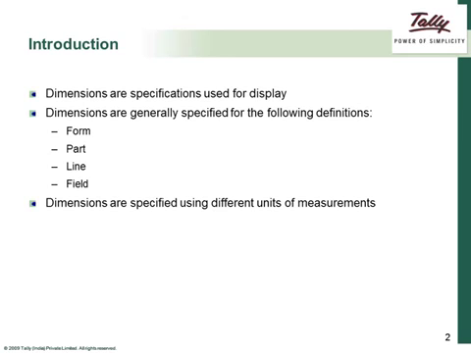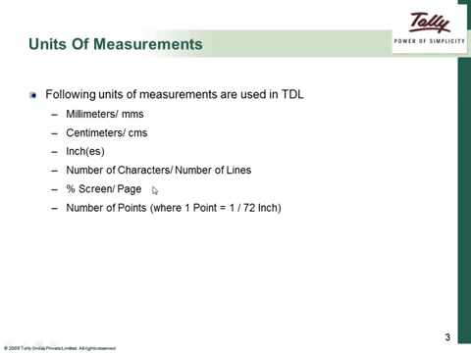with different units of measurement, and the units of measurement that are allowed in TDL are millimeters or mm, centimeters or cms, inch or inches, number of characters or number of lines, percent screen or percent page, number of points.